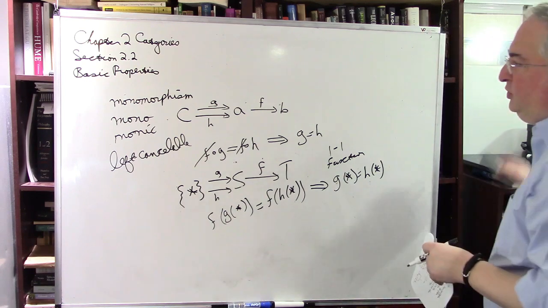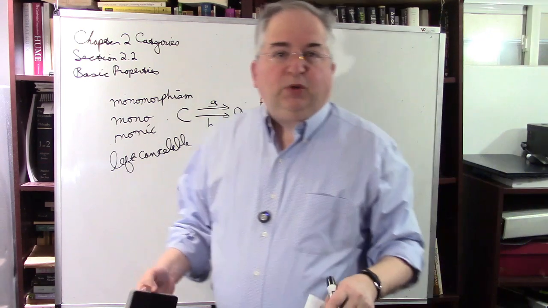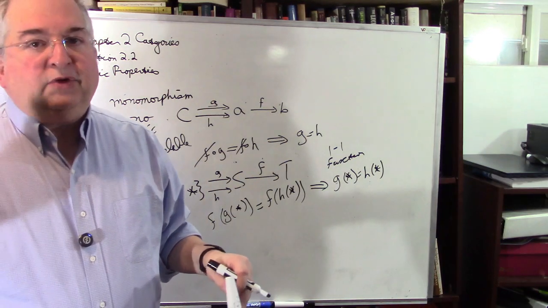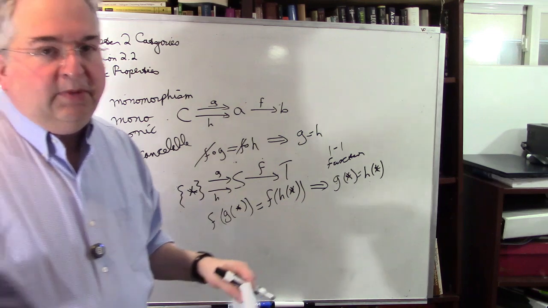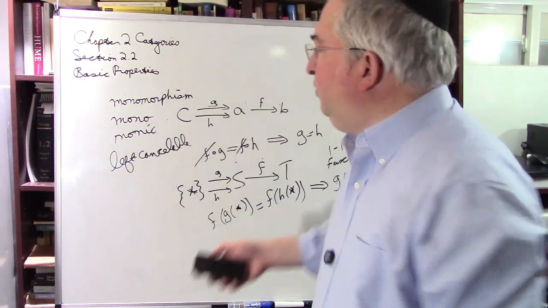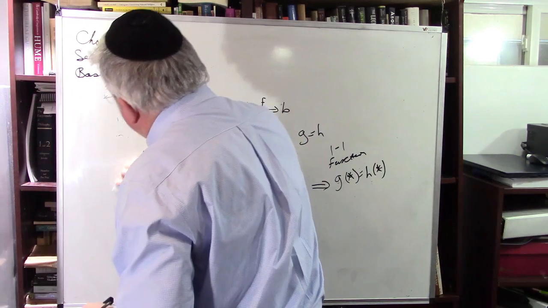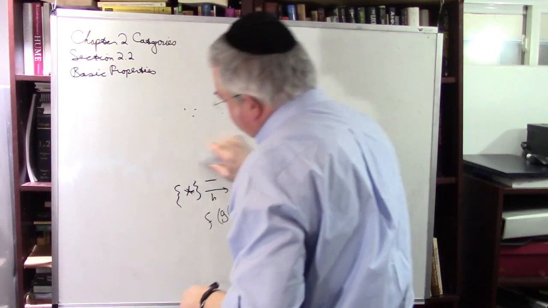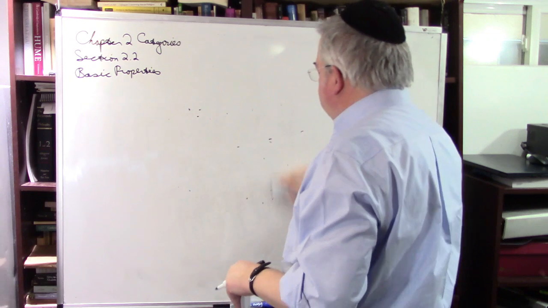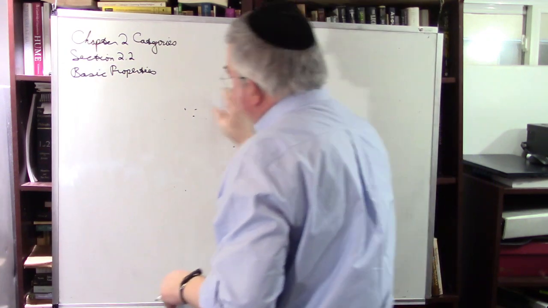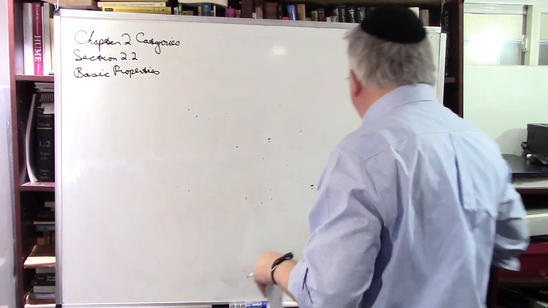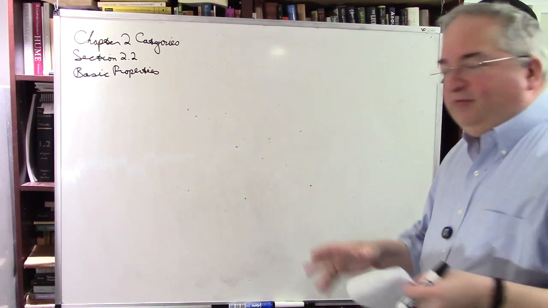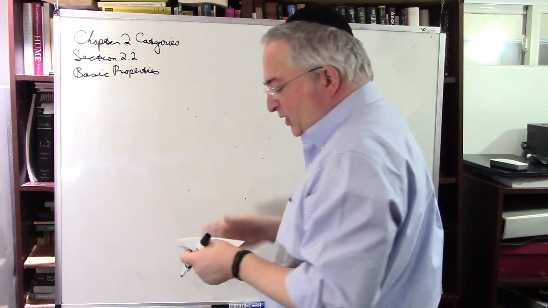Okay, so what we're going to have is, sometimes we're going to have categories, and the categories are going to have certain morphisms, and the morphisms are going to be monomorphisms. And we're going to go through lots of examples and showing which categories have monomorphisms, what are monomorphisms, and things like that. The intuition that you should think of is a monomorphism is some type of inclusion or some type of one-to-one function, and we have to worry about when it is and when it's not.